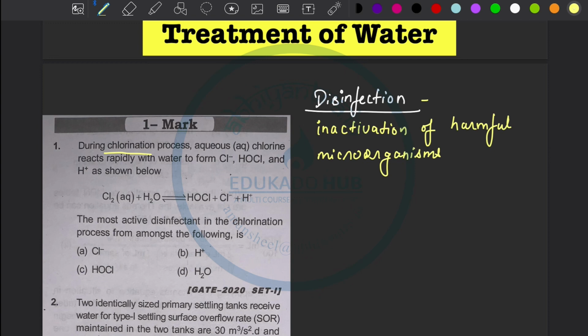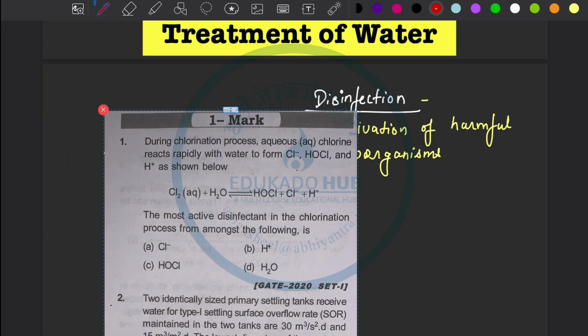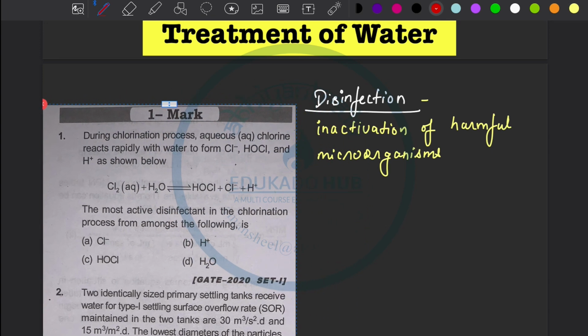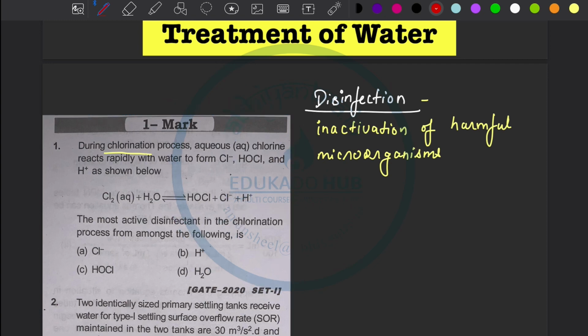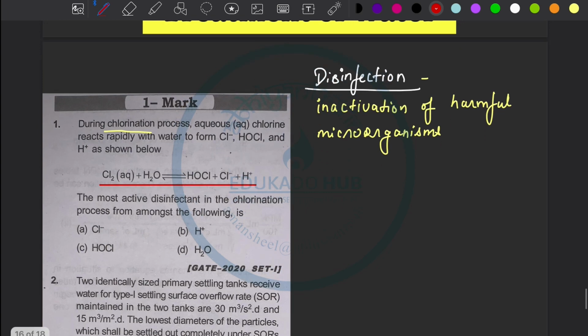Now, when chlorine is added to water, a reaction takes place between them. That reaction is written here, and it is something like this. Now at pH less than 5, chlorine does not react with water and remains as free chlorine.